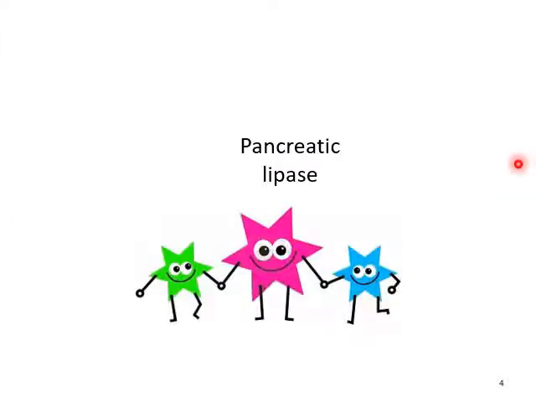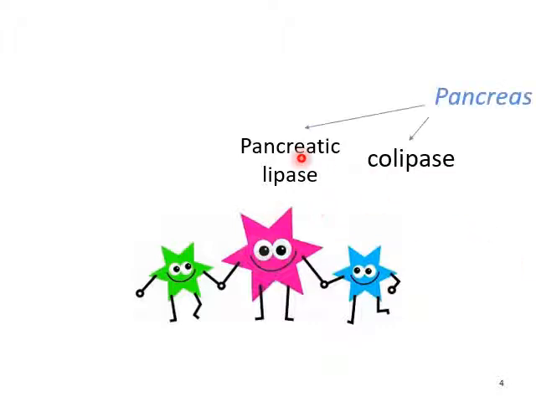Pancreatic lipase needs two partners to be completely active. One is called colipase, as it cooperates with lipase. These two proteins are both secreted from the pancreas. And then we have the bile acids. You know that bile acids make the lipids more soluble for us.